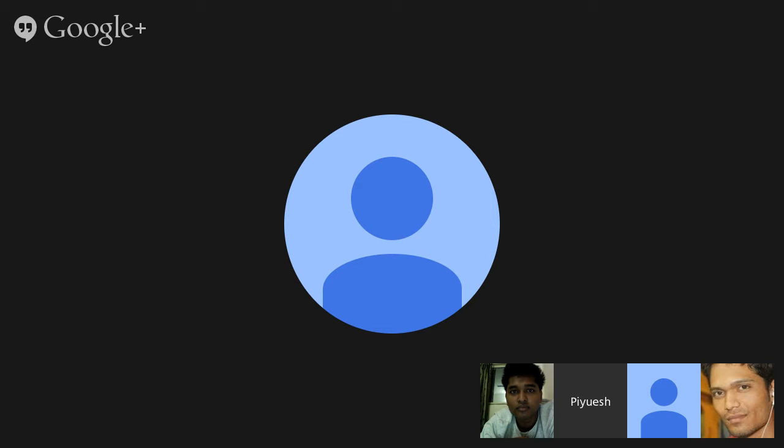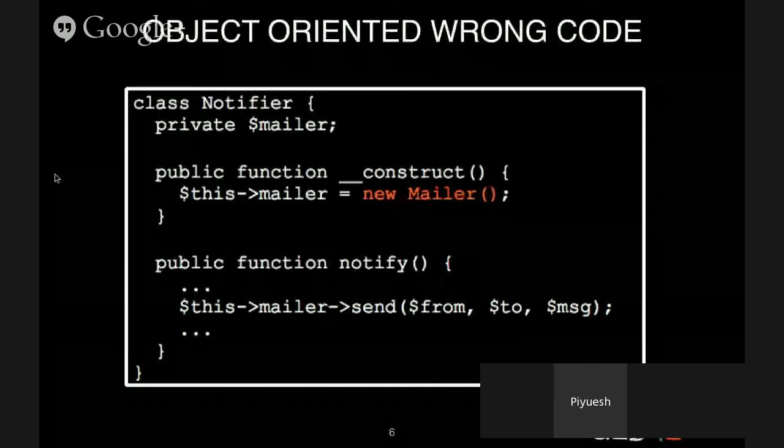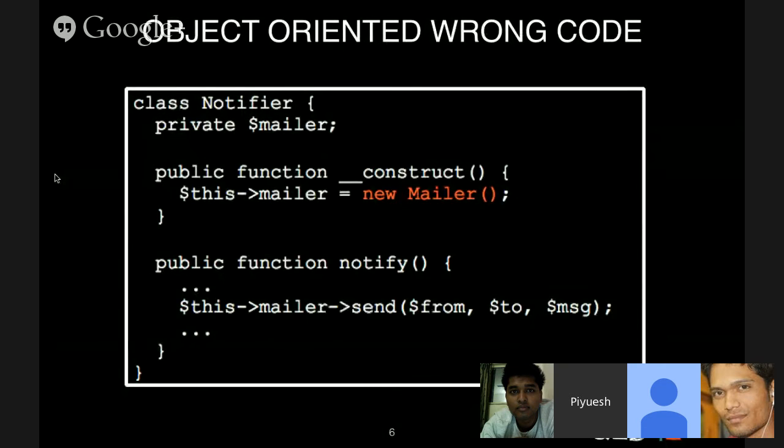Let's take a look at some object oriented code. So here is a class. In its constructor, we are instantiating a mailer object, right? Previously I told you that dependency injection means that rather than initializing the object inside the constructor, you pass it, you inject it, right? Over here, $this->mailer equals new Mailer, so we're instantiating a mailer class.